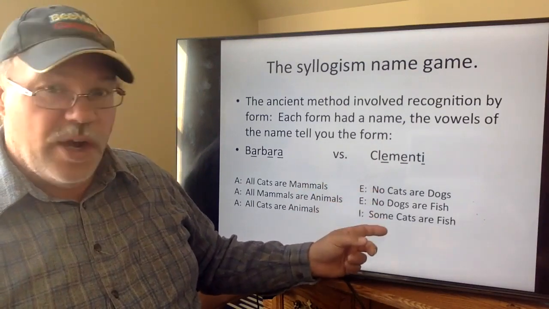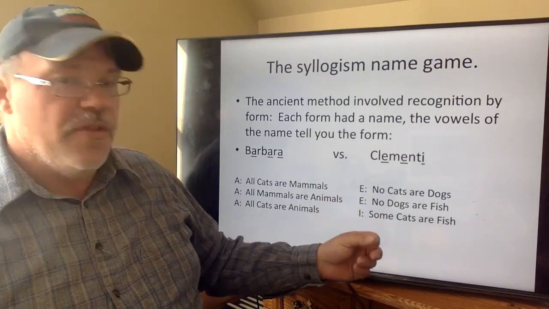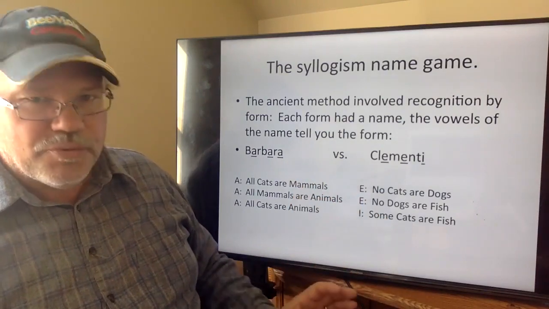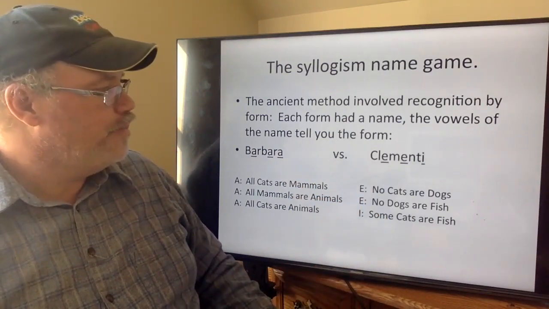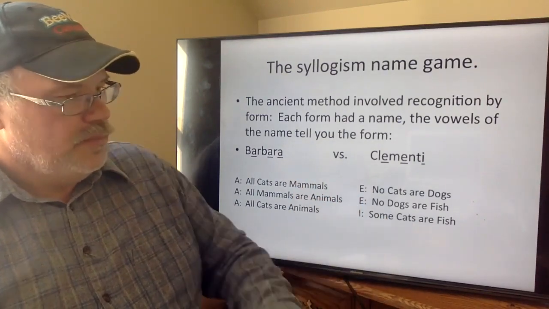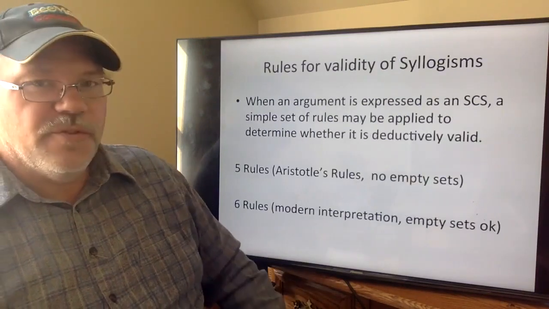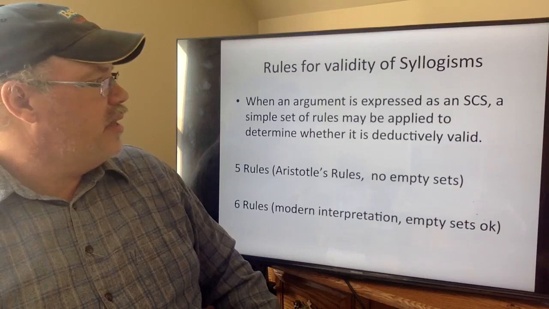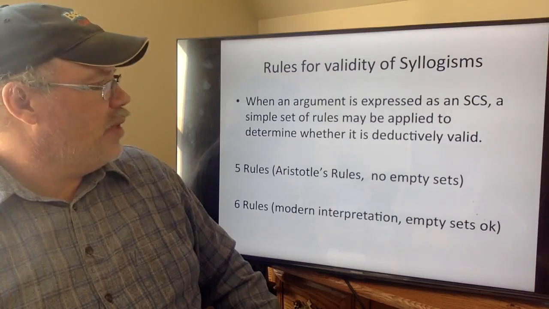And if they did not come up with a counterexample, then they would, after lots and lots of work, say, well, it probably is an okay argument. The rules for validity are much newer historically, and that's great.